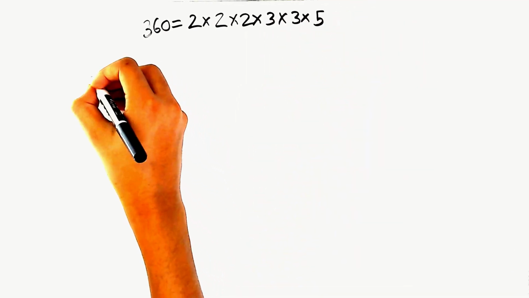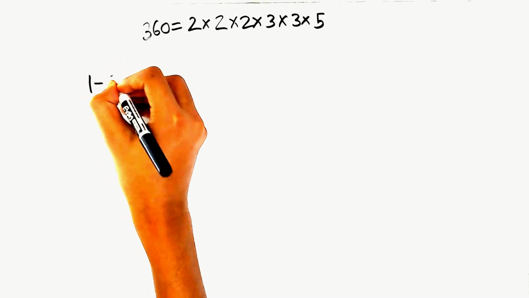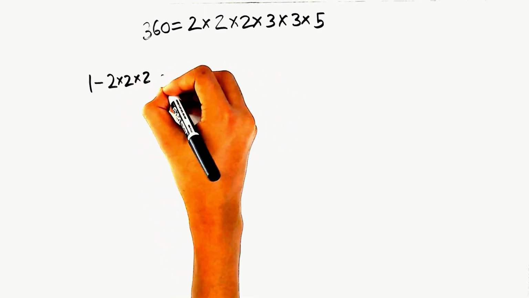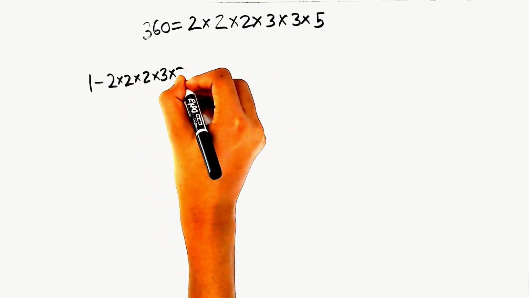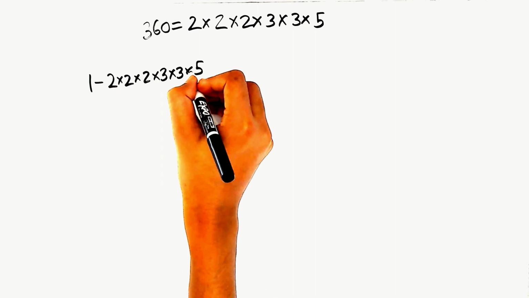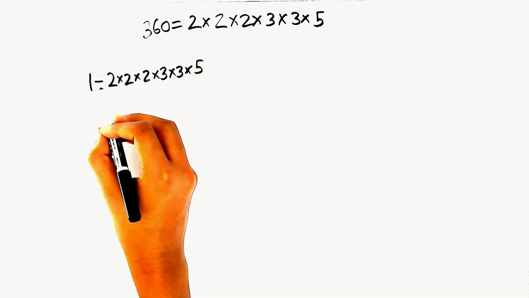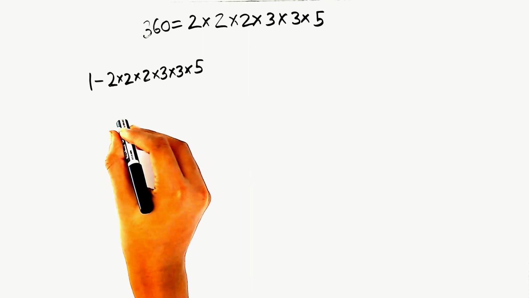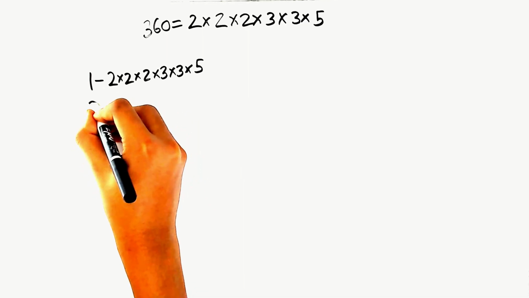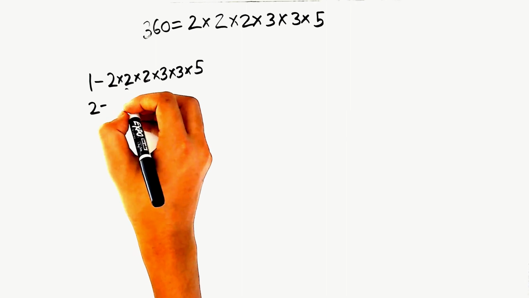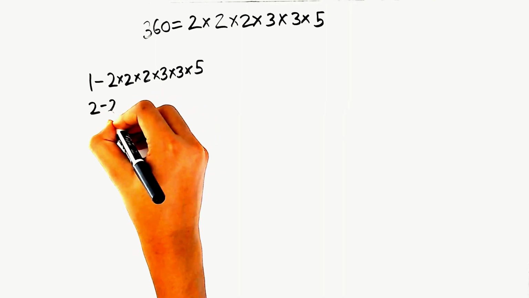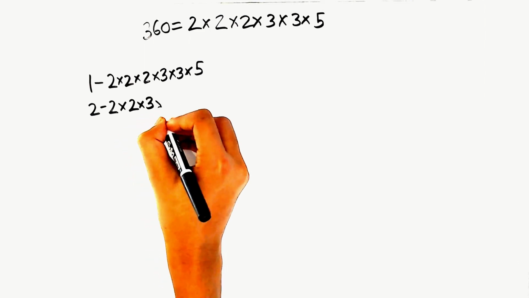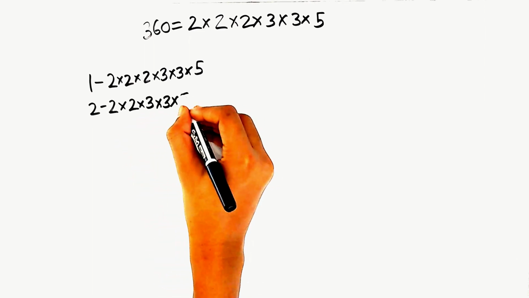So here, let's put 1 here, and 2 times 2 times 2 times 3 times 3 times 5. Now here, let's take the 2. So 1 times 2 is 2. So here we basically take out the 2 and write everything else in: 2 times 3 times 3 times 5.